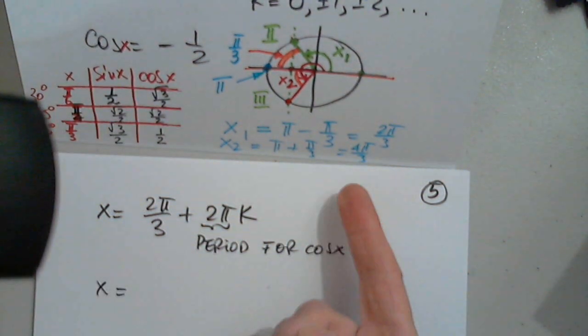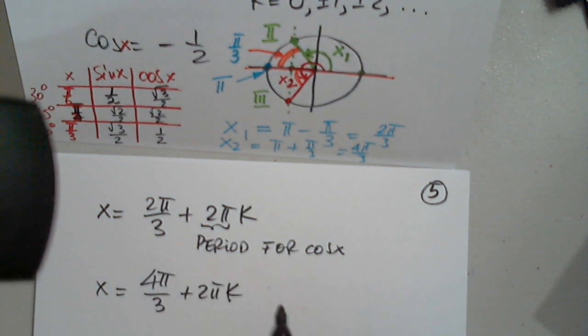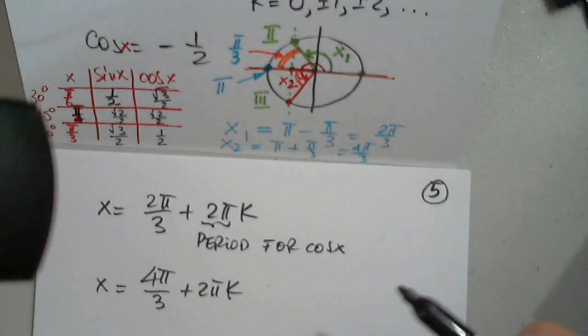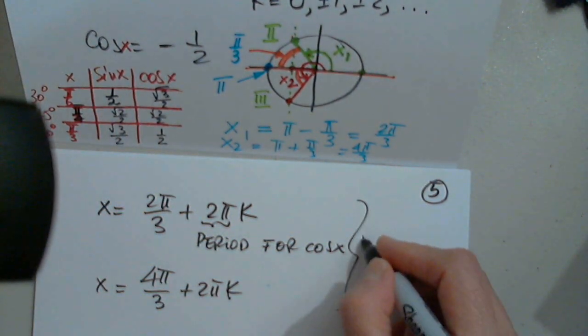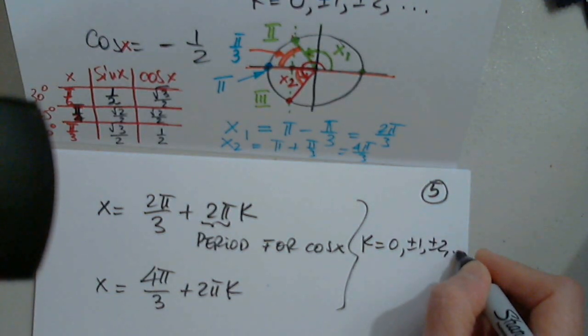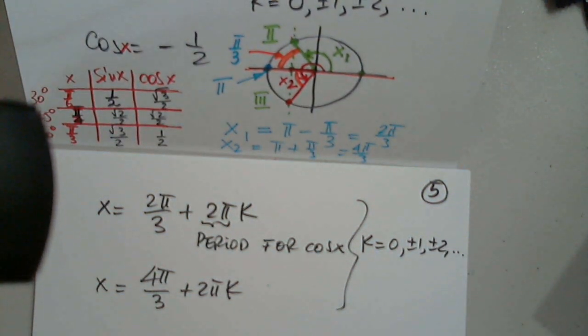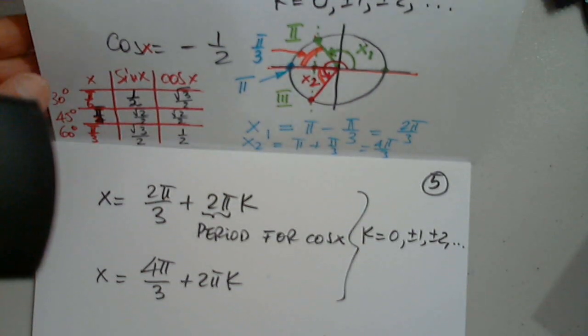And x equals 4 pi over 3 plus 2 pi k. I always have to express what k is, but I already did on the previous page, but I'm going to do it again here. K equals 0, plus or minus 1, plus or minus 2, dot, dot, dot. Yes, it took us like forever.